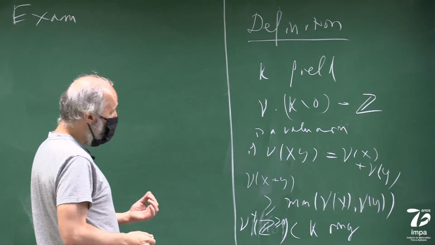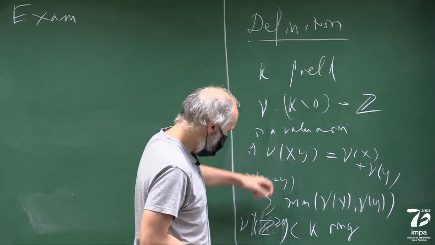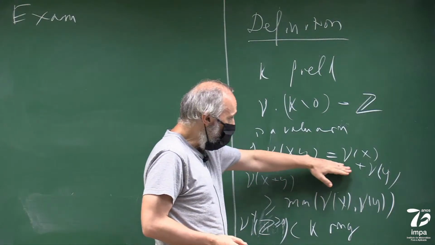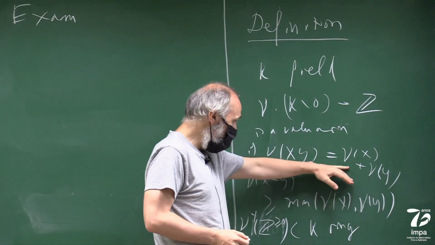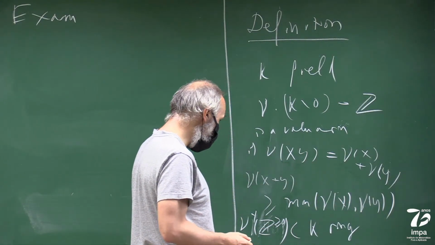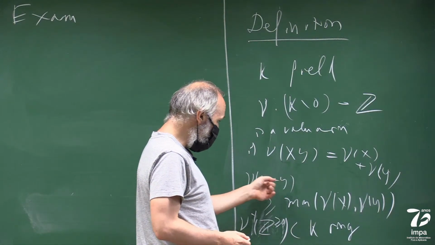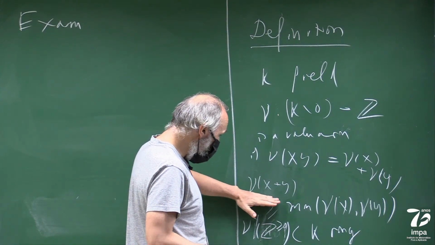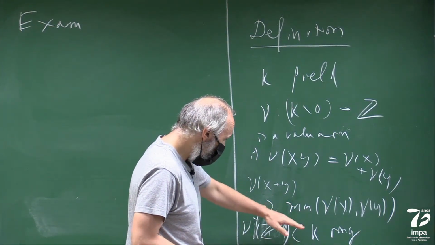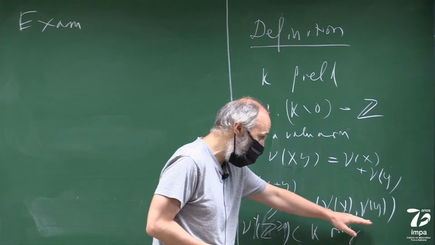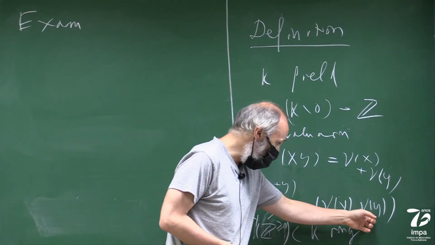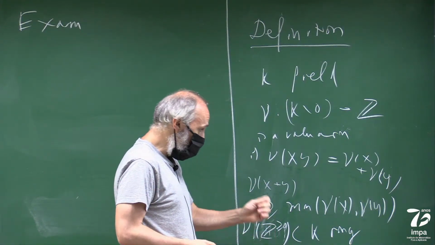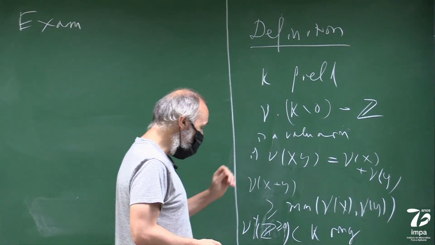This is a ring for the following reason. First, if you multiply two things which are non-negative, nu of their product is the sum of their valuations, and it is non-negative. And second, if you have two things which are non-negative, then the valuation of their sum is bigger or equal to the minimum of their valuations. So if x and y are in this set, then their sum also belongs to this set because nu of it is non-negative.